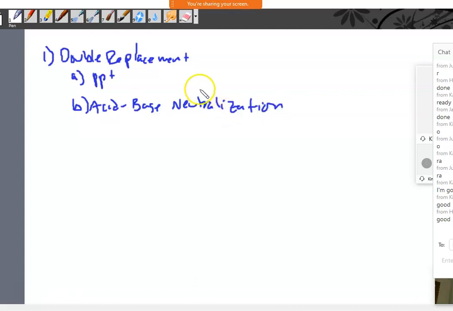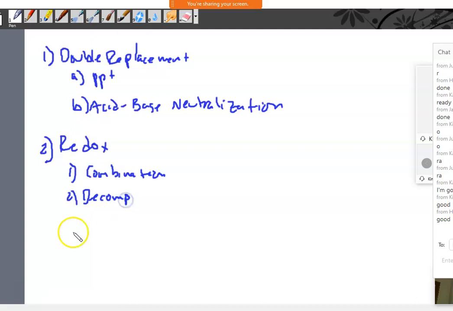Okay, so that's what we talked about mostly last week and a little bit on this week. And then the second type of reaction we've been talking about the past 2 days is redox reactions. There are 4 types. There's a combination, there's a decomposition, which is the opposite of the combination.